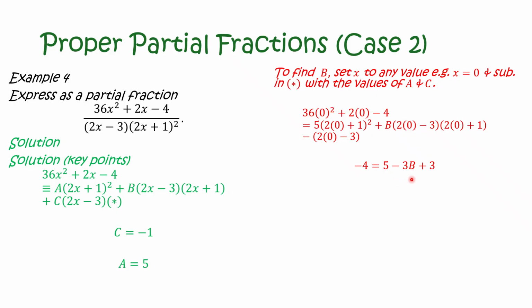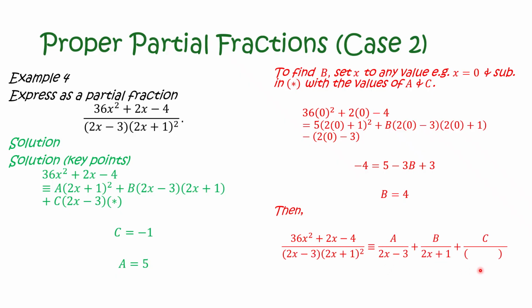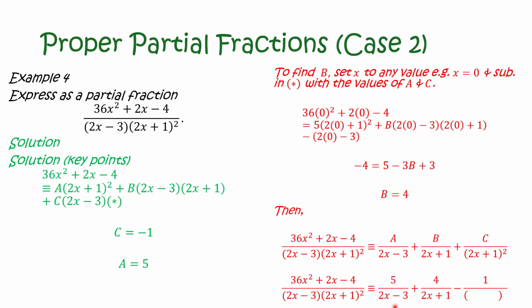And with that, we get minus 4 is equal to 5 minus 3B plus 3, meaning that our B is equal to 4. So when we get the 4, then we would recall from formula 2 that we had expressed this in that particular format, and then substituting for the A, the B, and the C, we are going to have our final answer as that.